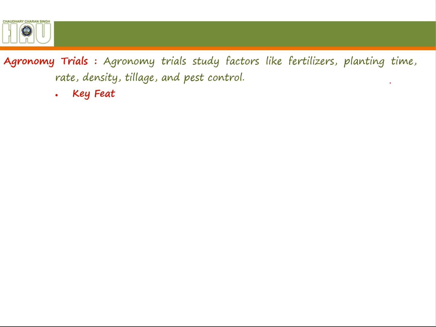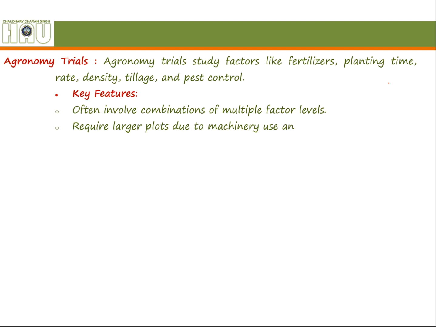Agronomy trials study factors like fertilizers, planting time, rate, density, tillage, and pest control. What are the key features of these experiments? They often involve combinations of multiple factor levels, various levels of nitrogen, various levels of phosphorus, and so on and so forth. And they require larger plots due to machinery use and border effect.